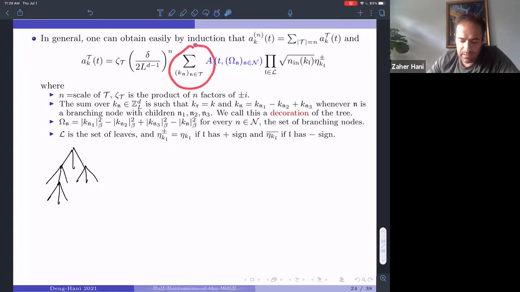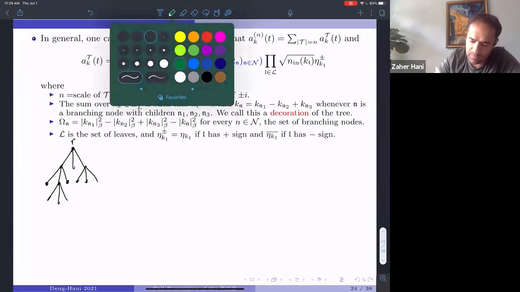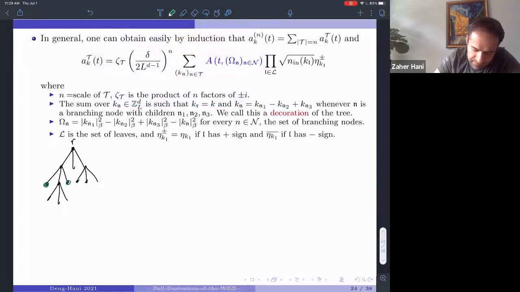This sum over here is a sum over decorations of the tree. So this is the root of the tree. And we know these are the leaves. Okay, so maybe I'll draw the leaves in a different color. So these are the leaves. Okay, so this means leaves.